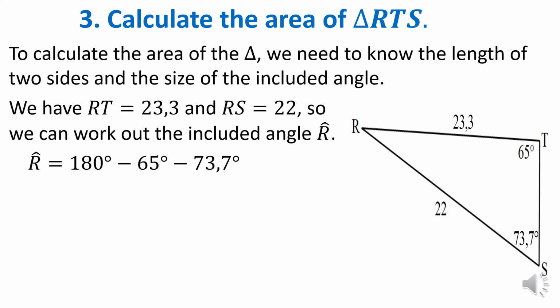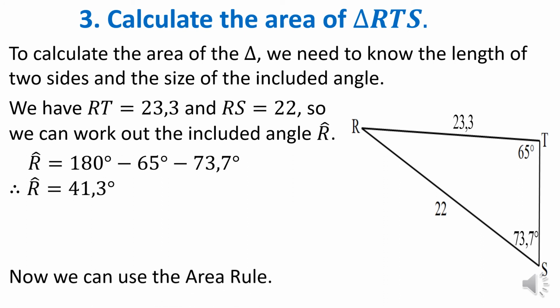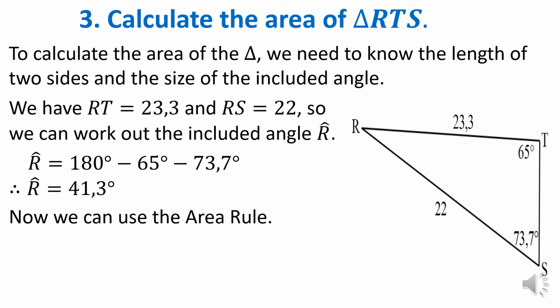To work out the area, we have to first work out what angle R is, and we can use the rules of a triangle. All the angles in a triangle add up to 180 degrees. Therefore, 180 degrees minus 65 degrees minus 73,7 degrees is equal to R, which is 41,3 degrees. Now that we have that, we can use the area rule.